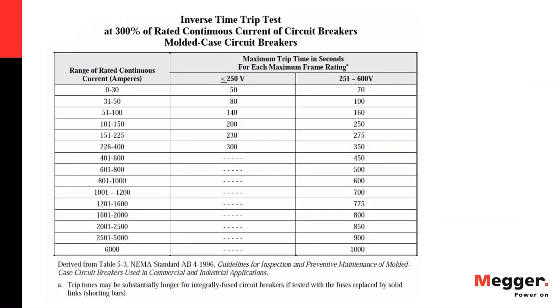Now, if you don't have a curve and you don't have any idea, you can always go into the NEMA AB4, and they have this reference table to give you a help, a rough indication, how many seconds at what current a breaker should hold if you don't have any other information. So this is a guideline.